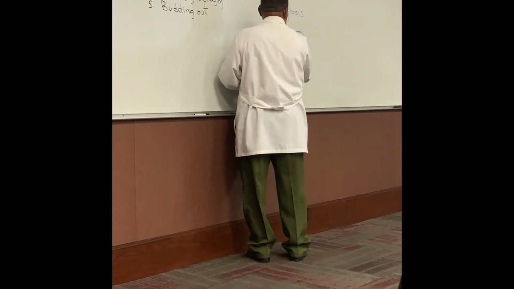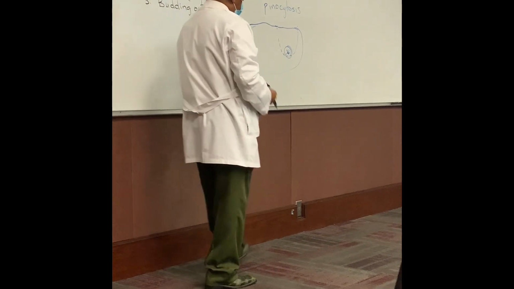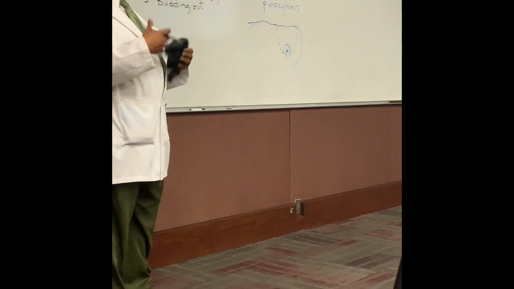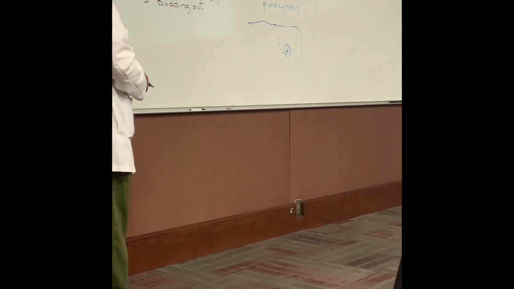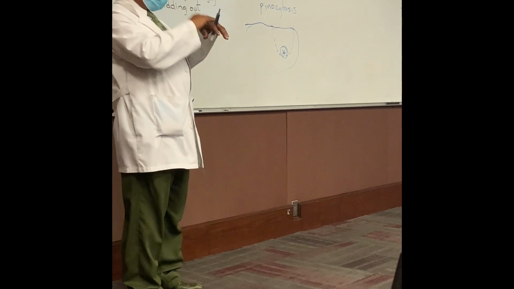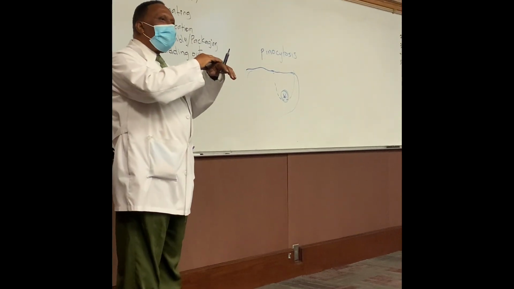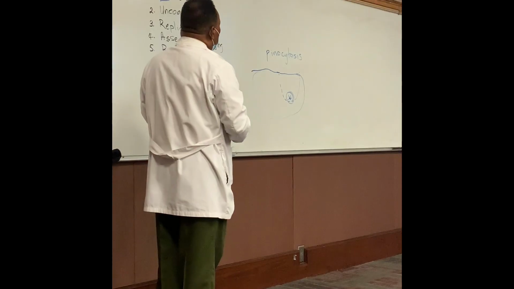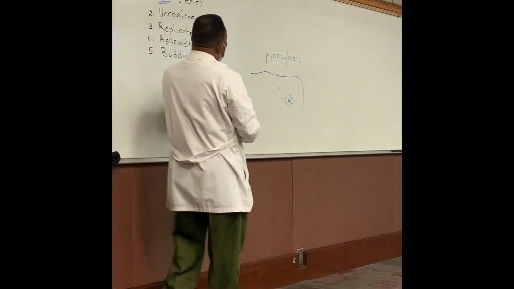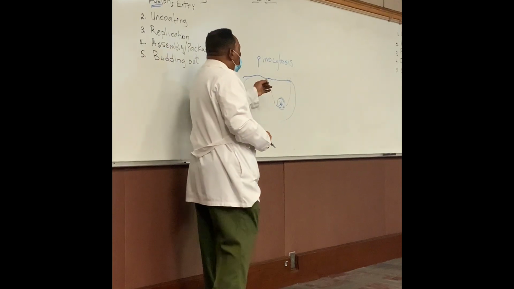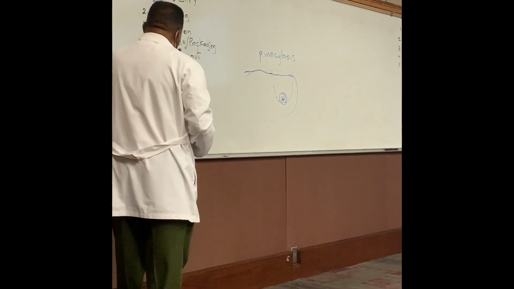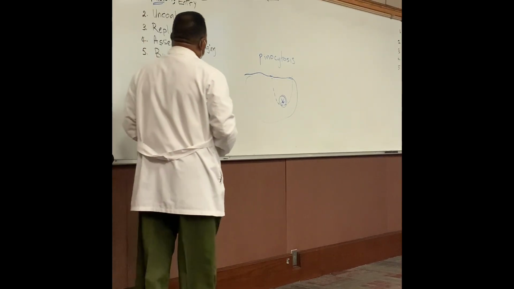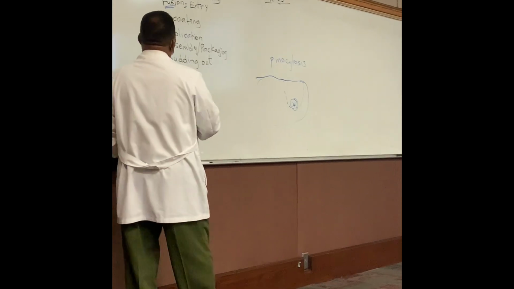So the virus is on the inside of the cell. That's essentially pinocytosis. So it's either that the virus binds, fuses with the membrane, and gets inside, or it goes through that pinocytosis and then gets into the cell.